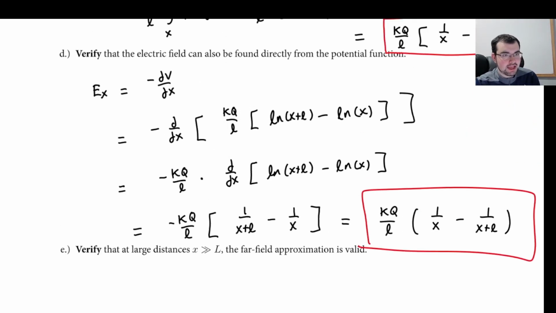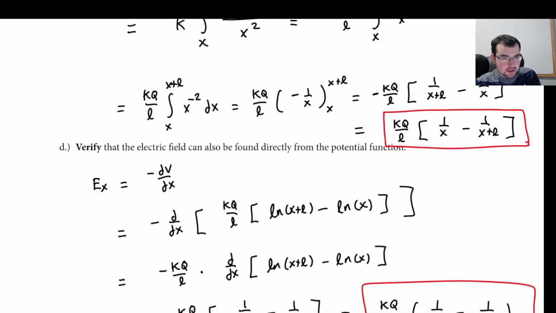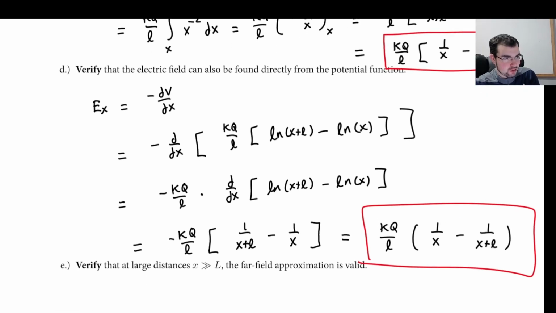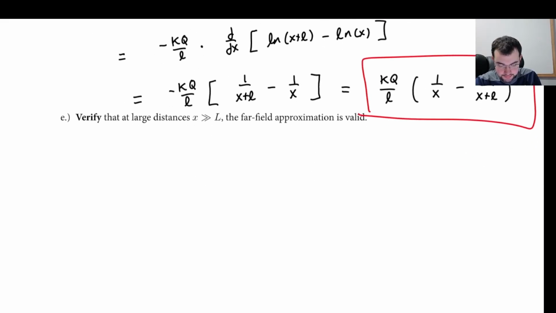So we could have just taken a derivative to get the same result. Notice those do match. If you already found the potential, which is often a lot easier, you can take a derivative to get the field.